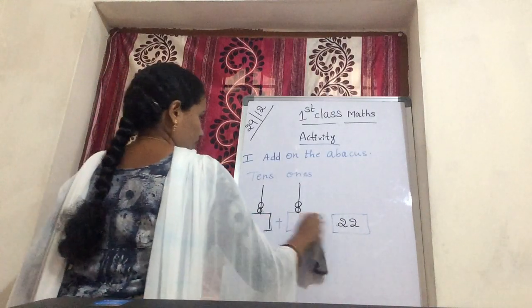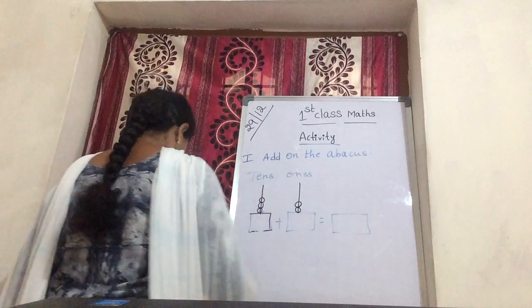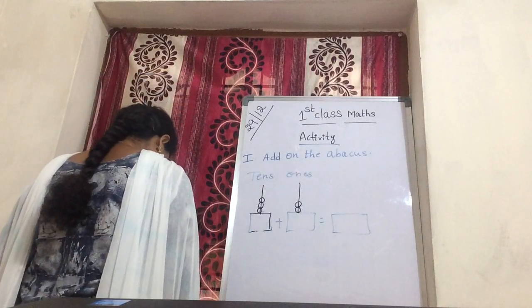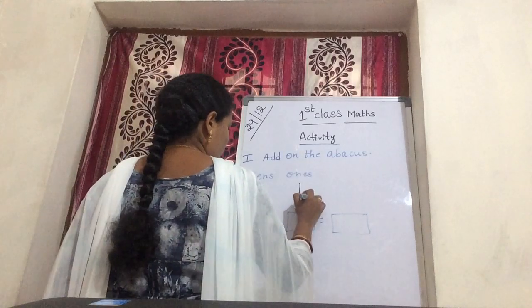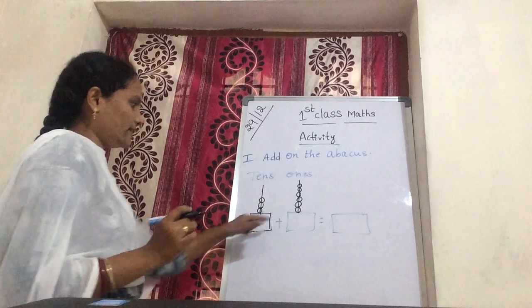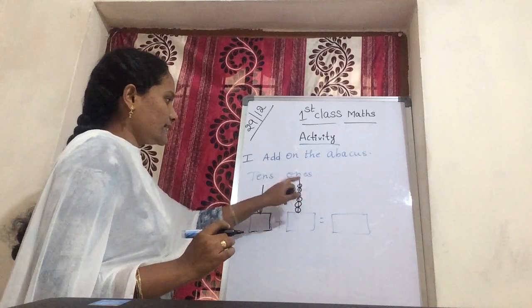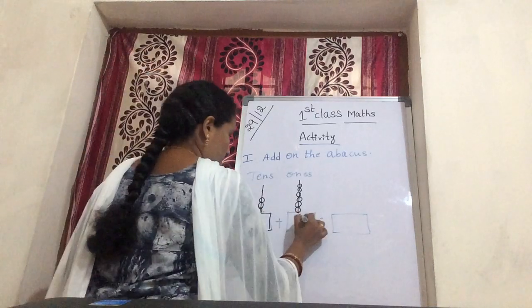Last one. Now count in ones. How many beads are there? 1, 2, 3, 4, 5 and 6. Okay, write in this box 6.